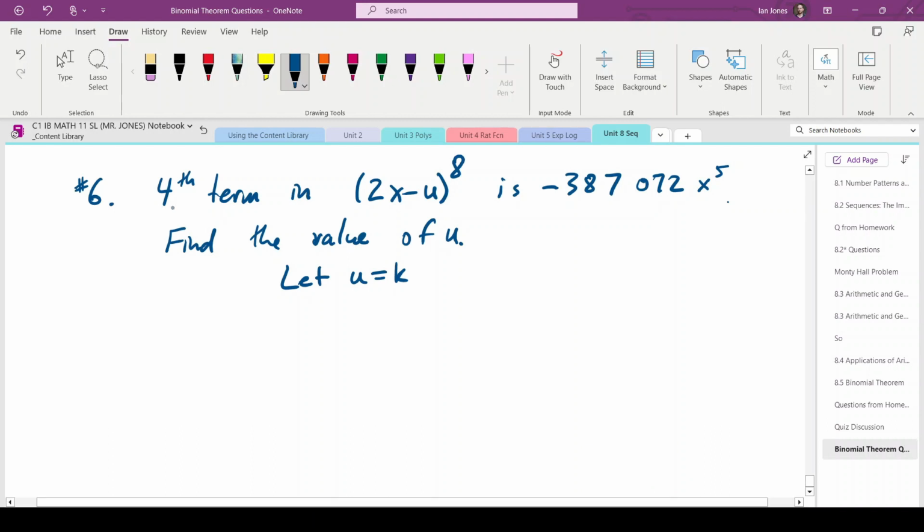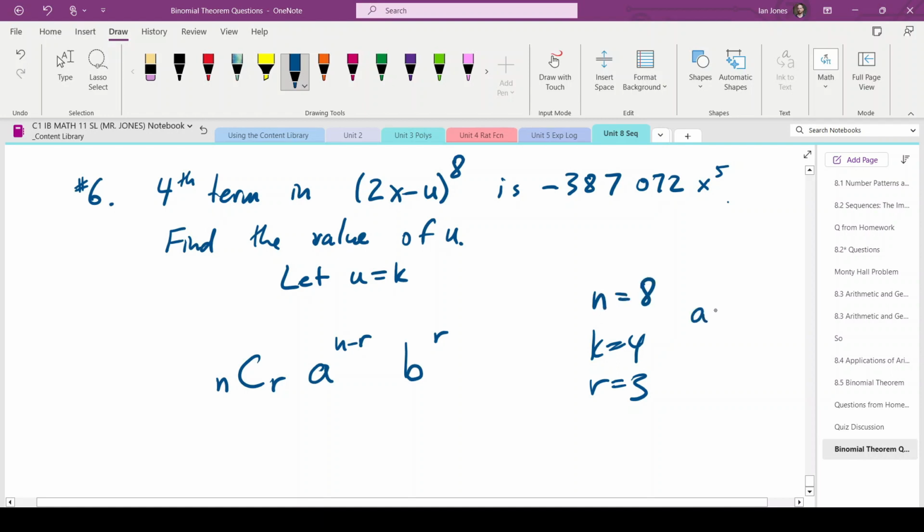Okay, we're given a specific term. So the kth term is, of course, n choose r, a to the n minus r, b to the r, where k, that is term 4, is 1 more than r. So my r is 3. I also know my n. My n is 8.